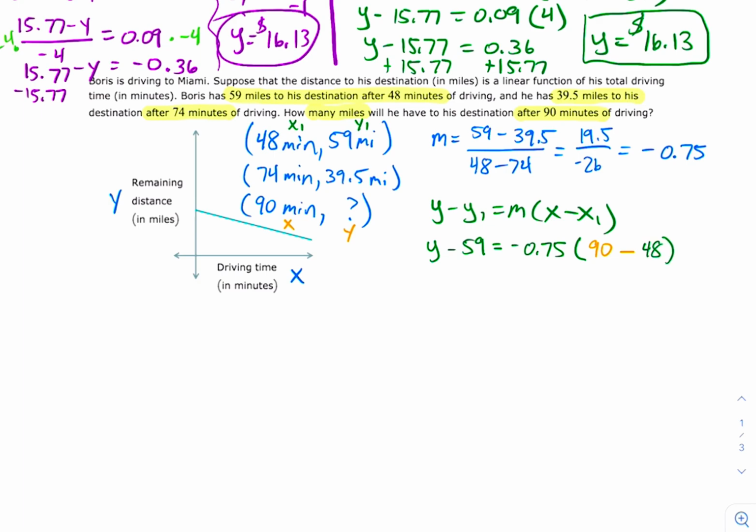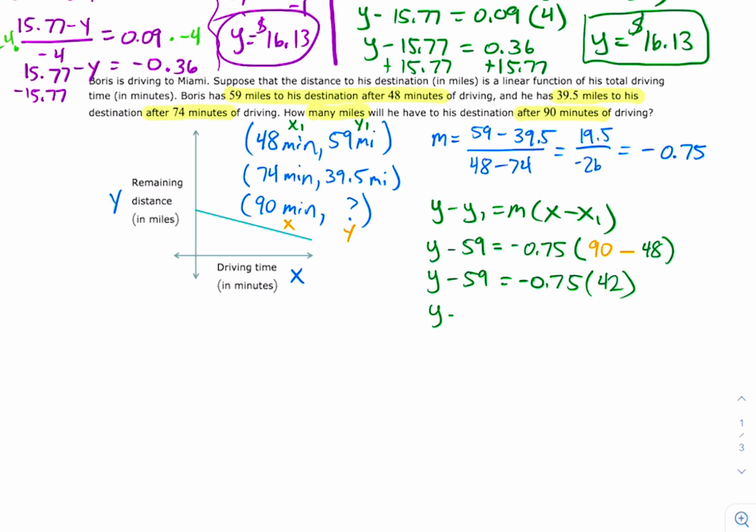And now we are just solving that for y. So if we take 90 minus 48, that is going to give us 42.